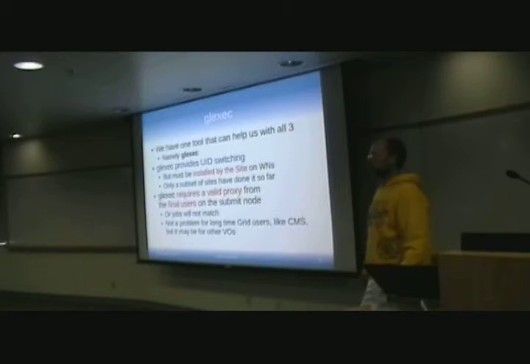Yes? So isn't it true that some sites have glexec set up so that they don't really switch UIDs, they only do it for logging? Yes, they can install it that way. I don't know of any in the OSG. So all of them are doing true UID switching?